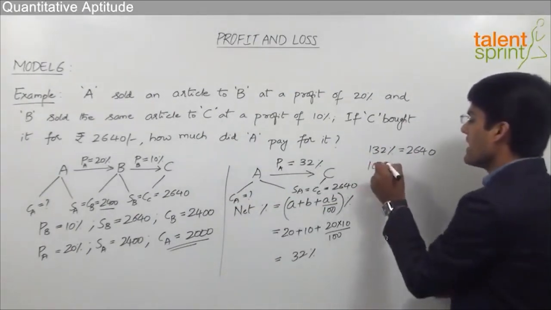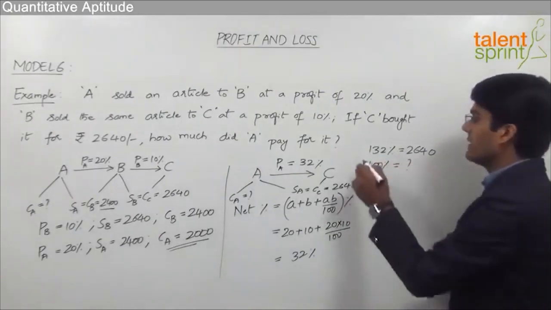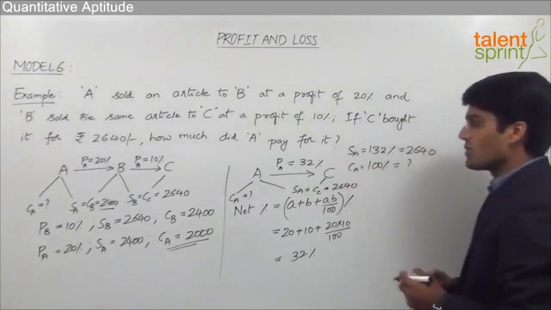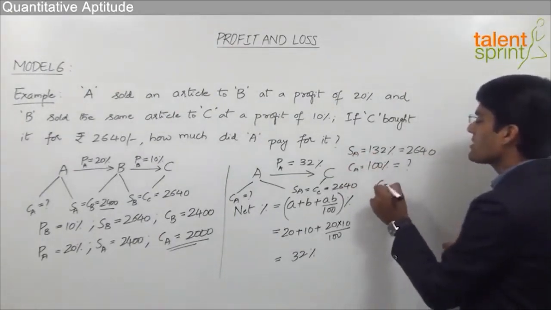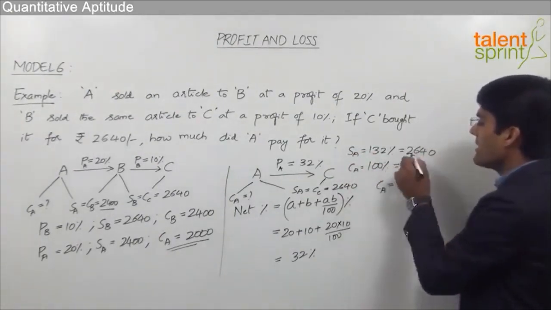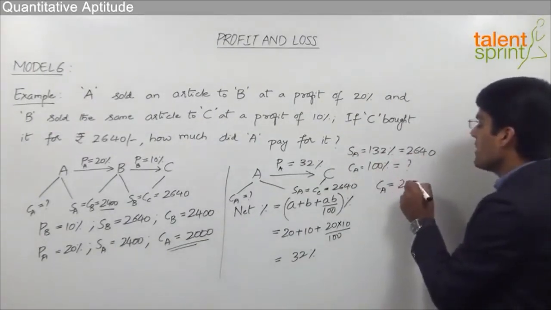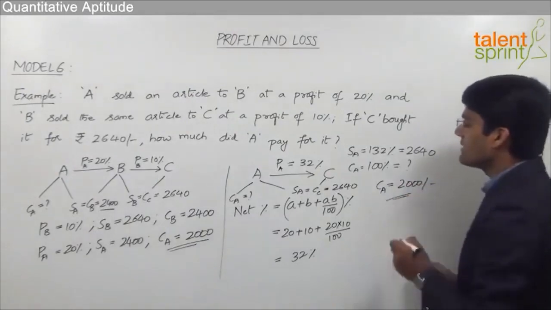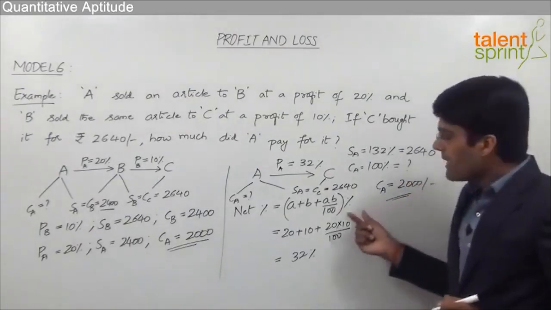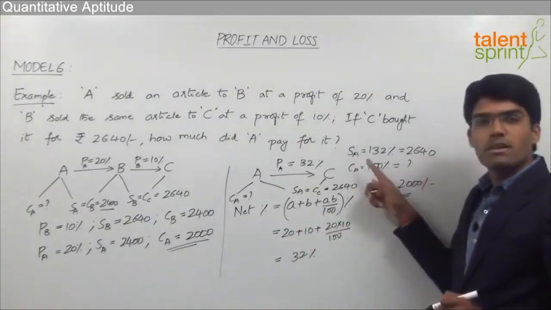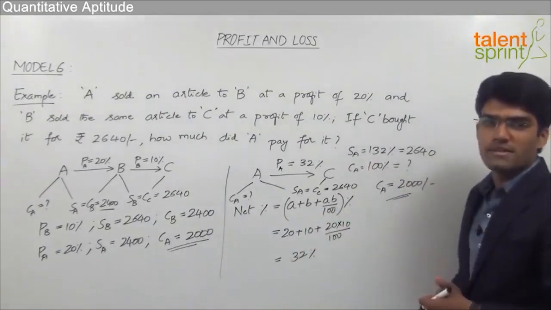So cost price of A should be equal to what? This is the selling price of A and this is the cost price of A. So by cross multiplication, we get to know that cost price of A will be equal to 100 into 2640 divided by 132, which again comes out to be 2000 rupees. So this is how you can solve the question by finding out the overall profit percentage and then using it for the person A to find out the cost price of A.